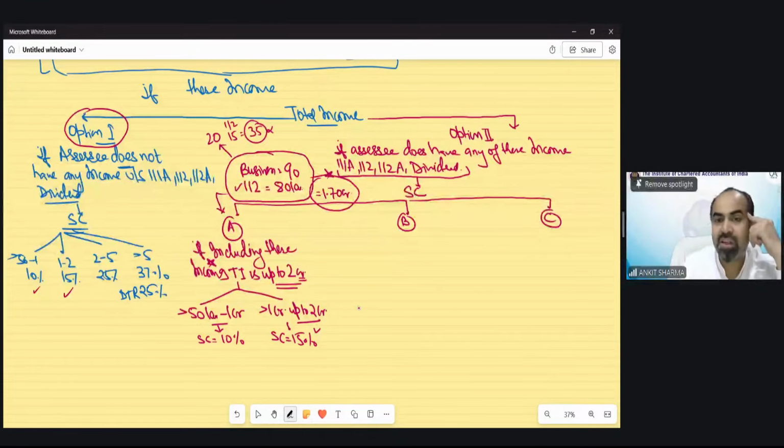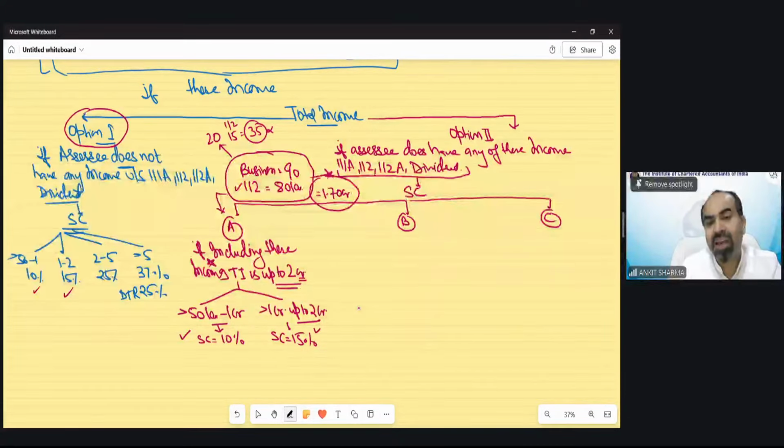Suppose this business income is only 10 lakh and 112 is 80 lakh. So the aggregate would be 90 lakh. Then the surcharge rate of 10% would be applicable. Understood? So in case A, there would be two situations where the surcharge rate would be 10 or 15, because up to 2 crore is only included in option A.